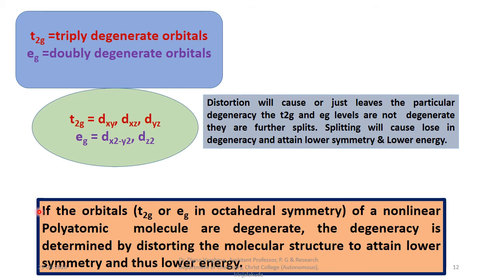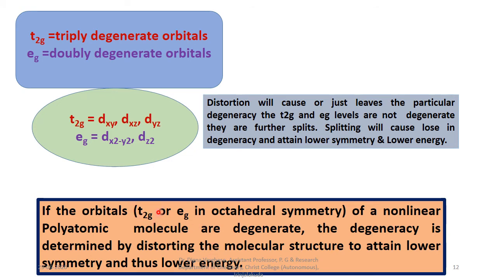If the orbitals T2g or Eg in octahedral symmetry of a non-linear polyatomic molecule are degenerate, the degeneracy is removed by distorting the molecular structure to attain lower symmetry and thus lower energy.